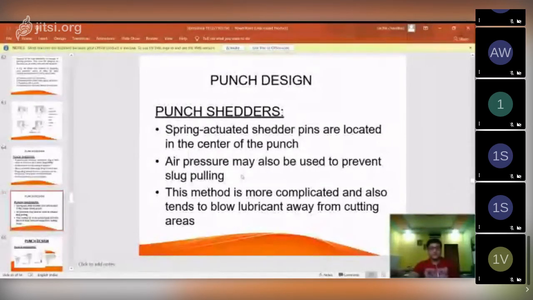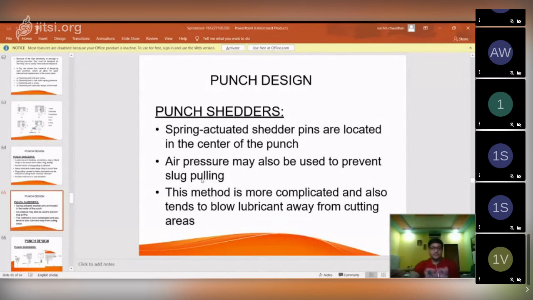So for that we use the shedder, which is also called slug ejection. Whenever the material tries to cling to the punch face and come along with the return stroke of the punch, this slug ejection or shedder is used.